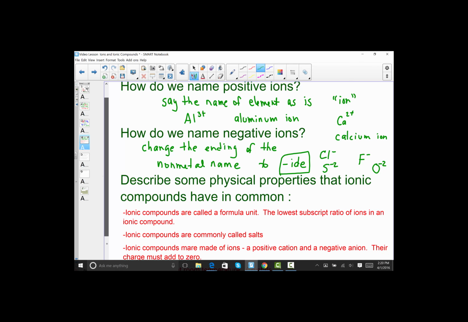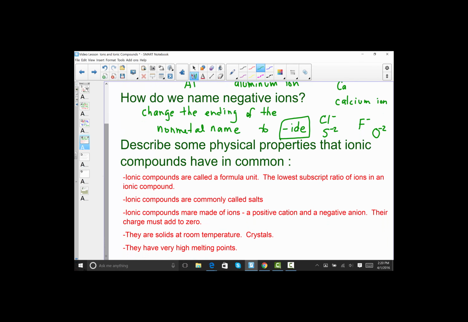Some physical properties that ionic compounds share. When I think of ionic compounds, they're commonly referred to as salts. Ionic compounds are built of a basic building block known as a formula unit.